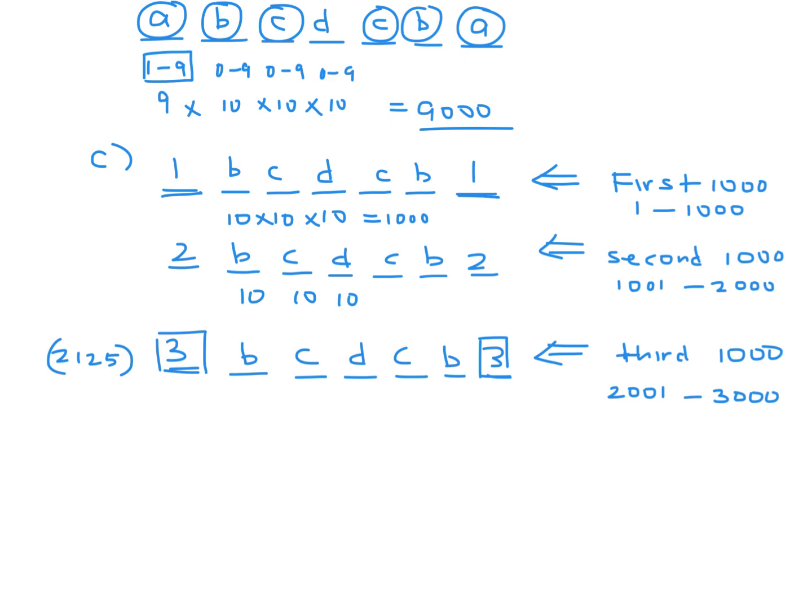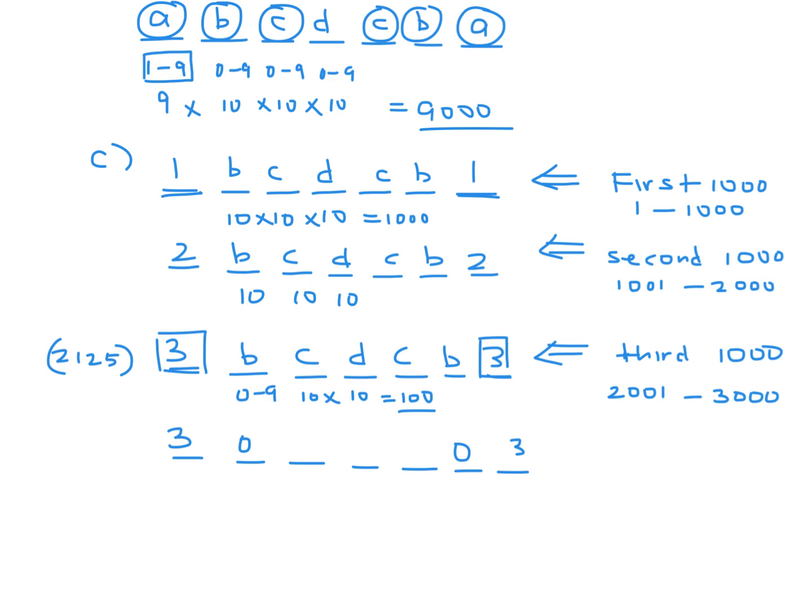Okay, so the B can be anything from 0 to 9. There's going to be 10 choices for this, 10 choices for that, so 100. So when I put 0 for B, I'm going to be able to create 100 of those, because for C and D I've got 10 choices each. So this is going to be the next 100. Wait, something went wrong here.